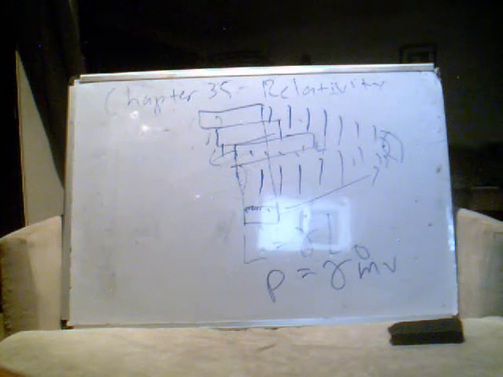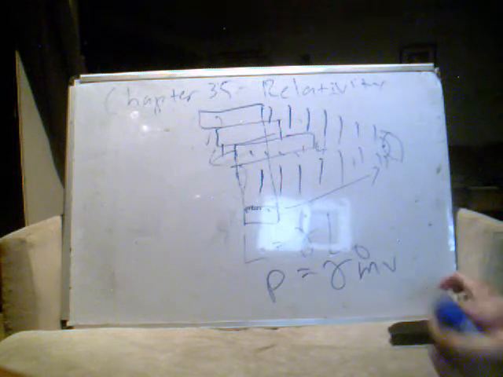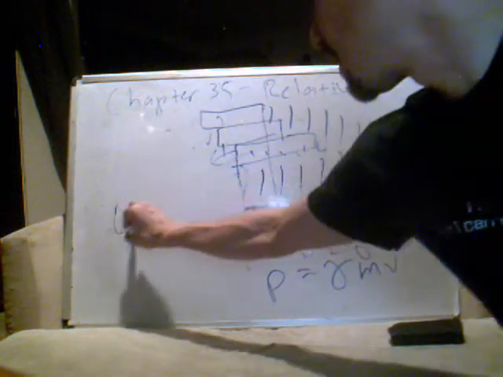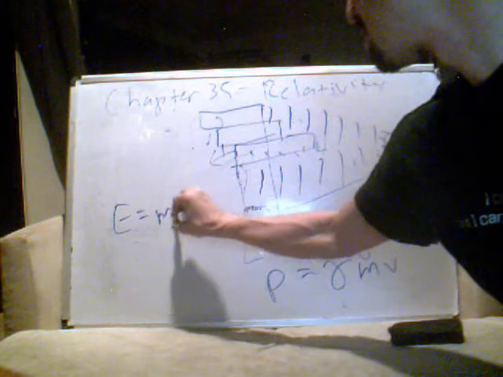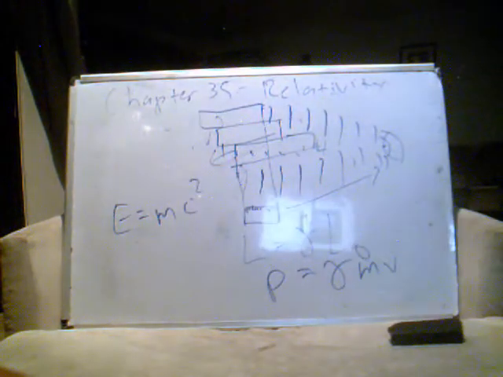Now, stationary matter has a certain amount of rest mass energy, or a certain amount of energy that would be released if all the matter were converted into energy. And the relationship between this energy and the mass is this familiar relation, E equals mc squared.